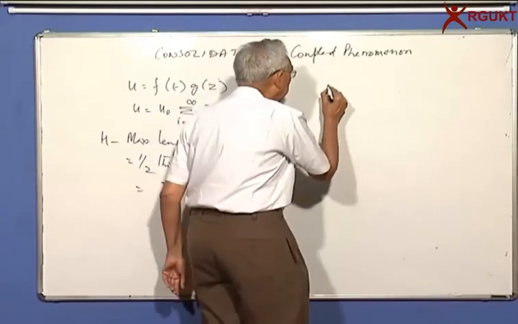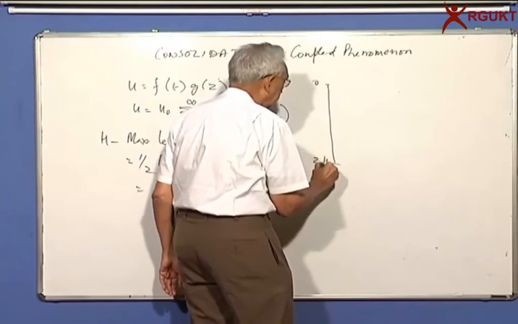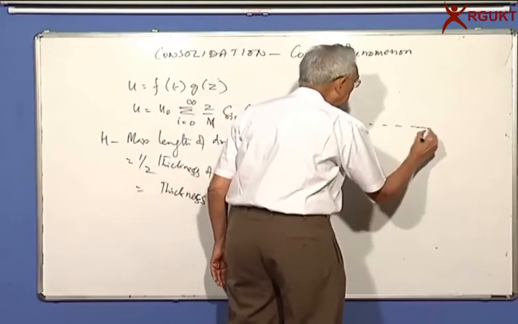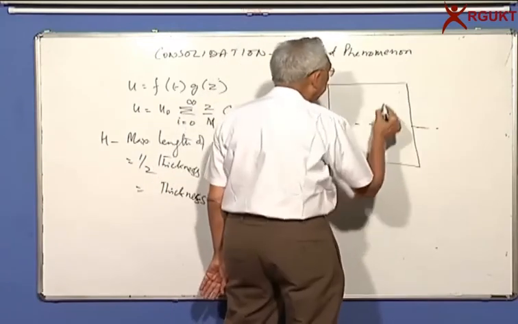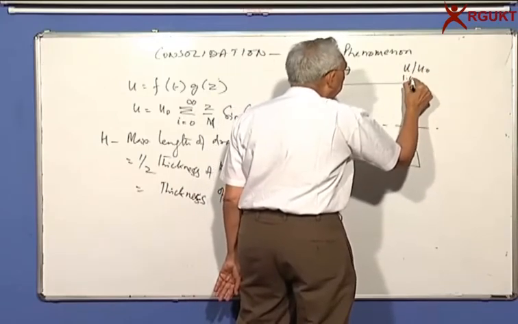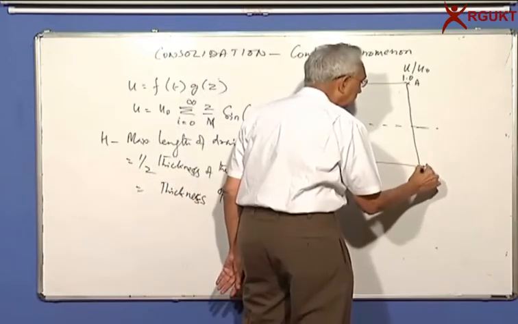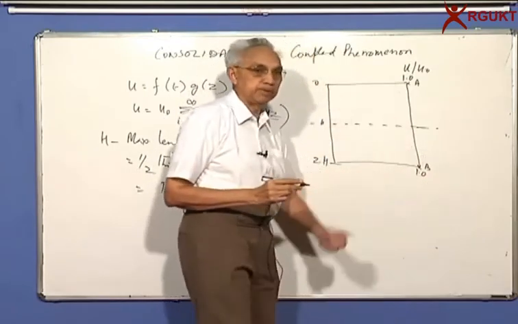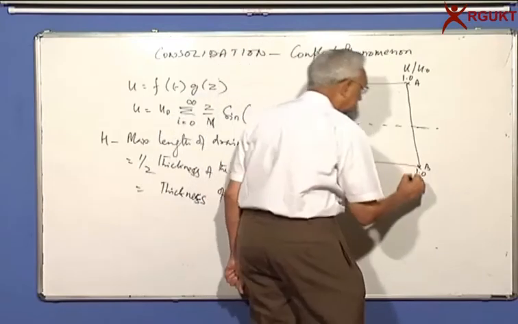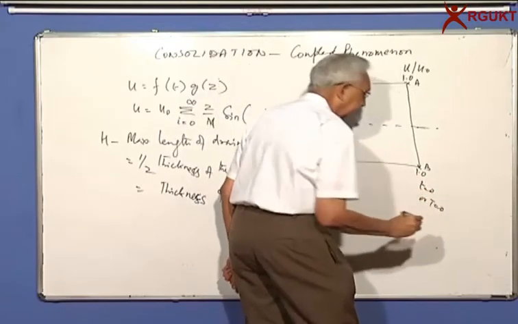We have the deposit here, 0 to 2H, and here is the midpoint H. Shall I say u by u naught, so that this becomes 1. Initially, the pore pressure is from A to B, which is 100%, at t equal to 0, or time factor T equal to 0.